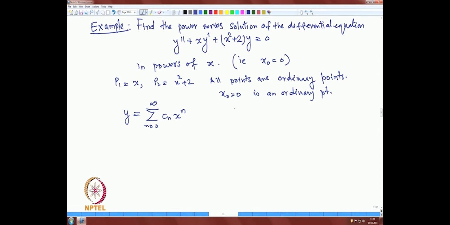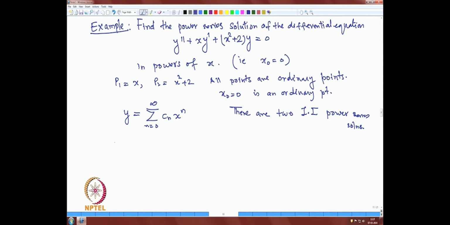So, there are two linearly independent power series solutions. Our aim is now to find these C0, C1, C2, Cn.